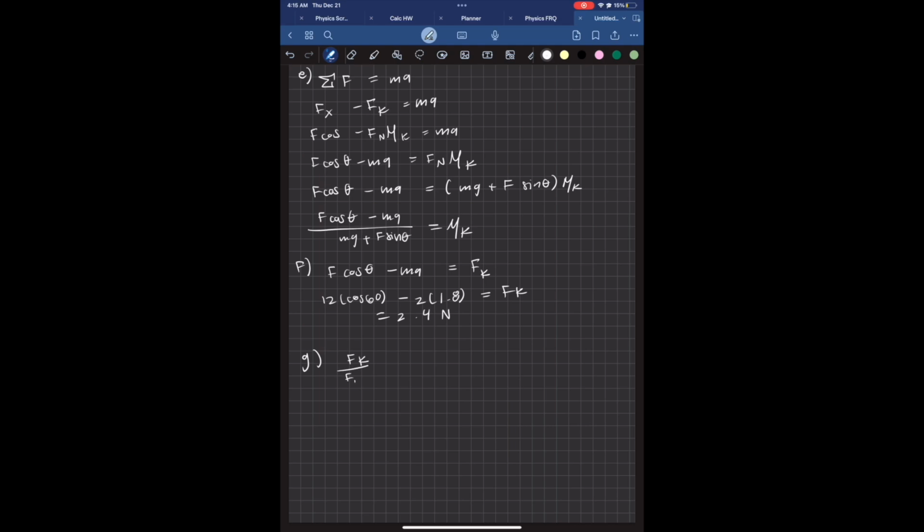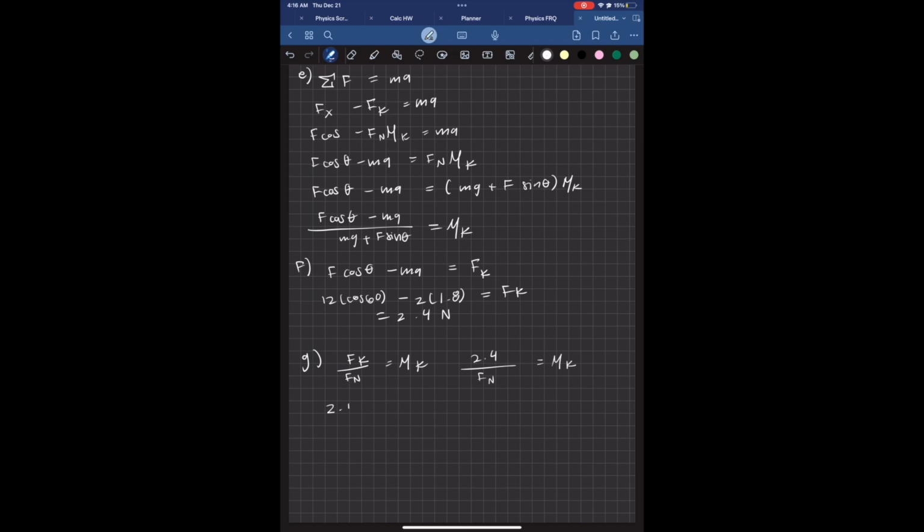So for g, what I'm going to do is f_k over f_n is equal to mu_k, and we know that 2.4 is f_k, so I just need to divide by f_n to find the mu_k.